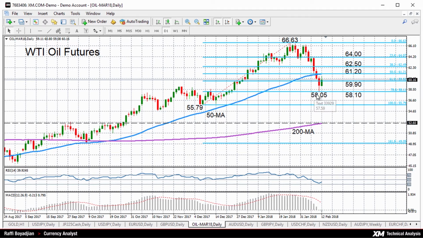So that area is still the major support level to watch for. The short-term bias is bearish, though we are seeing some upside momentum at the moment. RSI is pointing upwards today, though it hasn't quite reached the 50 neutral level.